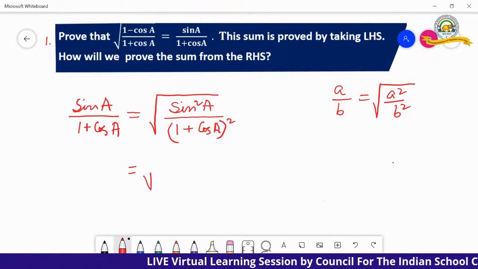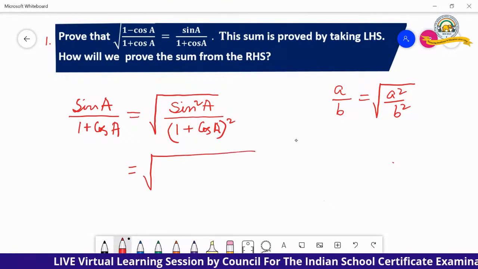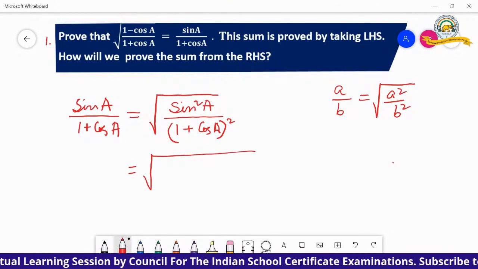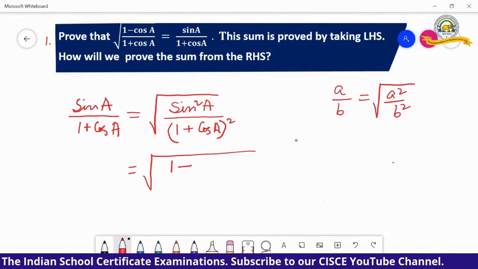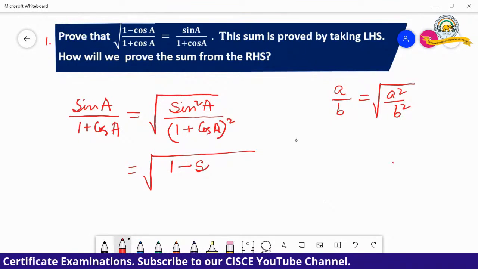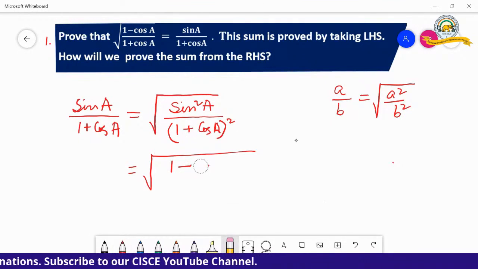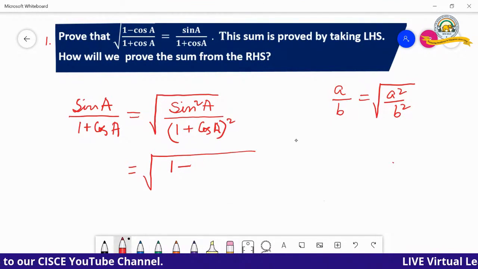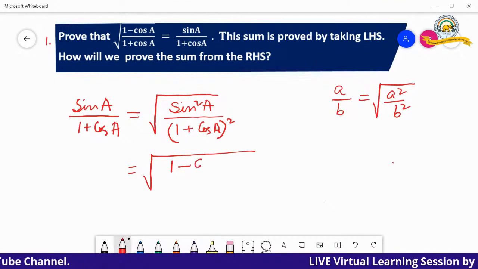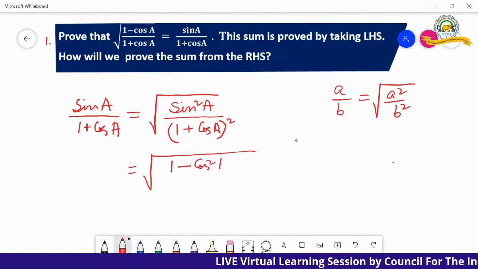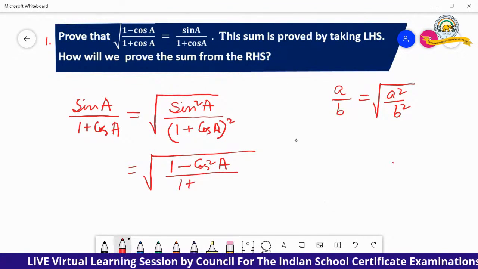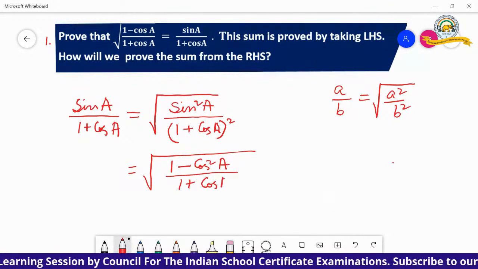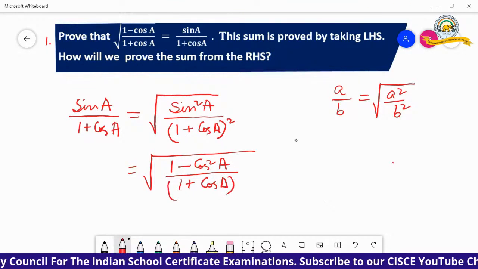Now let us see what we can do. Look at the numerator again, sin square A. What can I write? We know the formula, the identity: sin square A is 1 minus cos square A, upon (1 plus cos A) whole square.